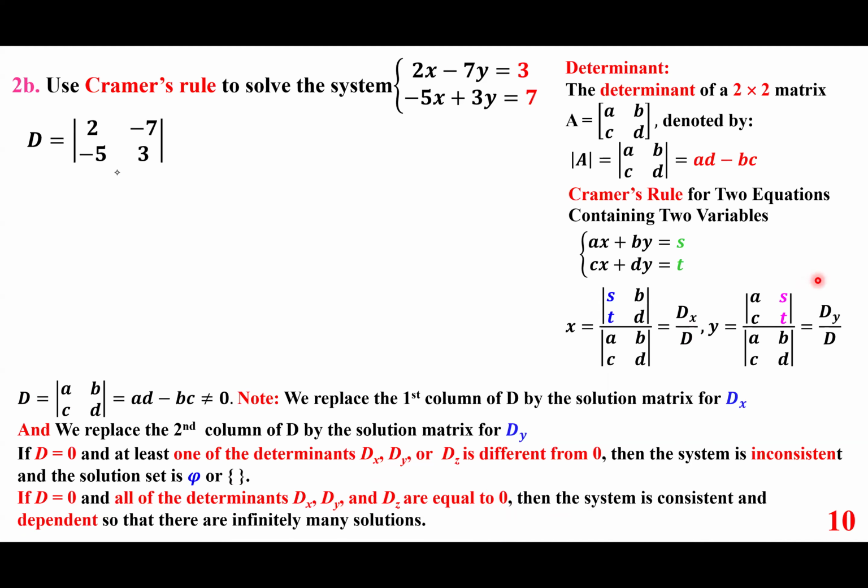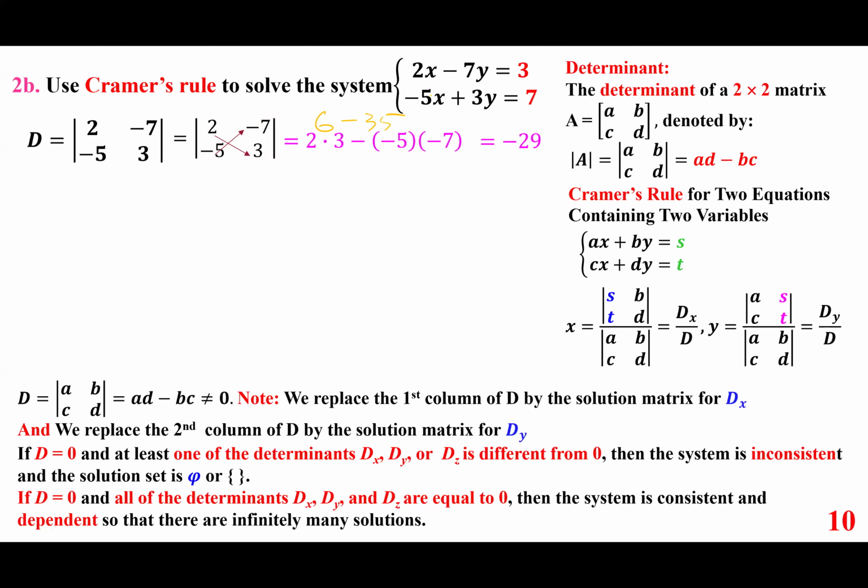So having said that, here's the determinant that we are interested in. Determinant of the coefficient matrix: let's just put the cross product, 2 times 3 minus negative 5 times negative 7. So 6 minus 35 is negative 29.